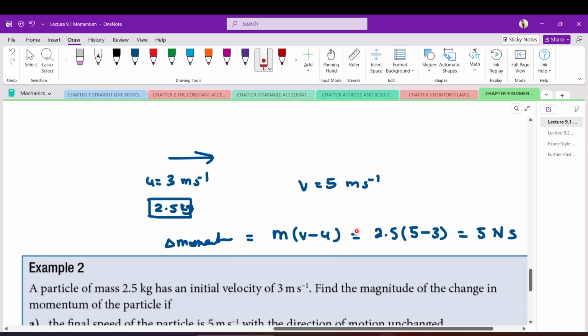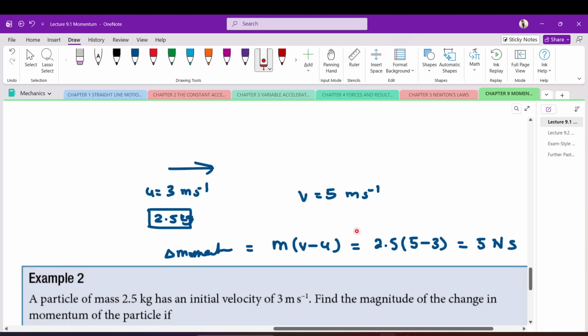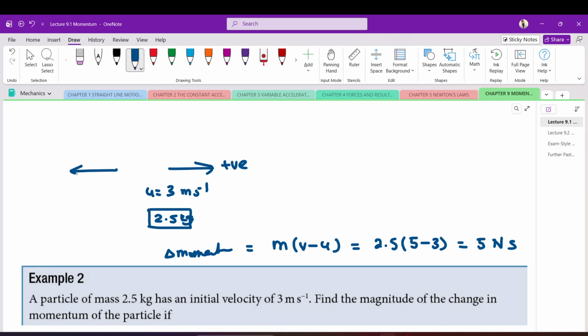Understand this: because momentum is a vector quantity, if the direction has been reversed, and we were taking right hand side to be positive, then in the second scenario the velocity is going to be minus 5 meters per second.